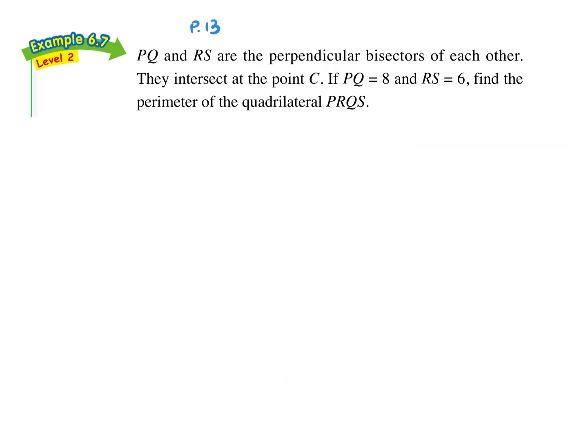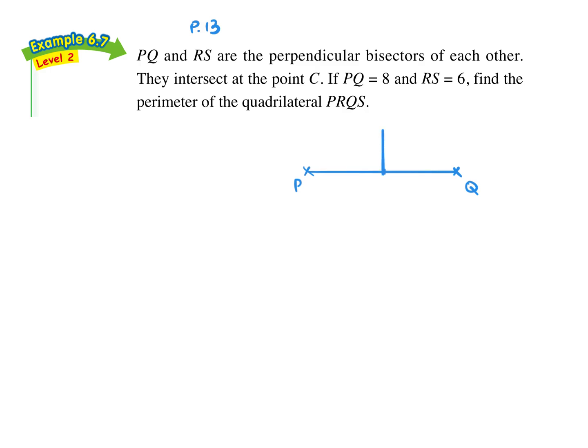Okay, example 6.7, there's no figure here, therefore we have to draw it by ourselves. First of all, PQ, I think it's here. And then we draw the perpendicular bisector of PQ. Then here is the midpoint of PQ.